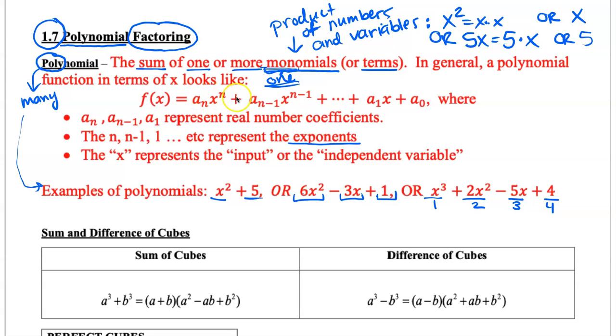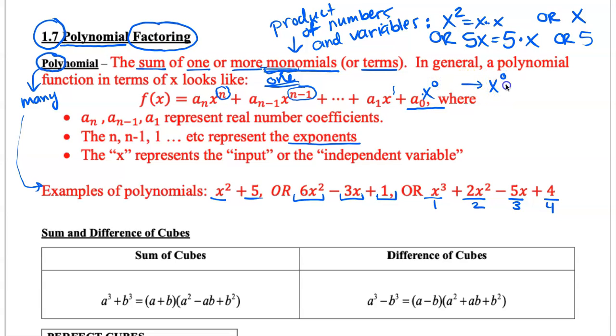This is a generic one right here, and I start with an exponent of n, and then I count down, n minus 1, dot, dot, dot, all the way down to x to the first power. First power is the lowest power because, in this last term, technically it's x to the 0 power.